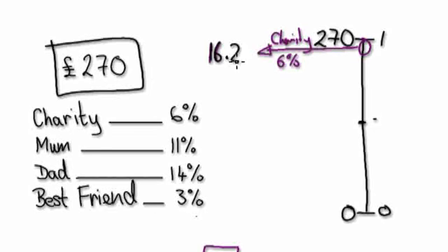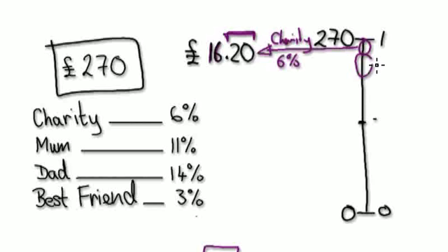But because we're working in terms of money, let's do it to 2 decimal places. So this would represent pence. So 6% of our whole amount is £16.20, and now 11% going to mum.